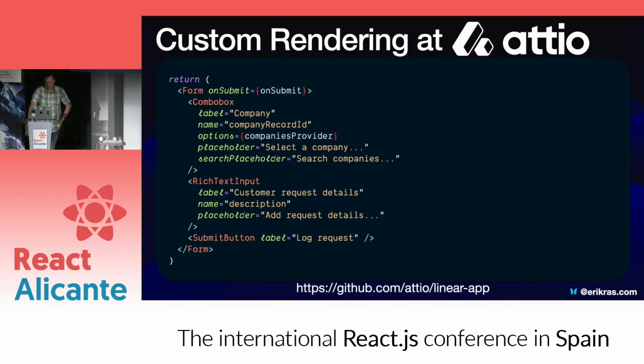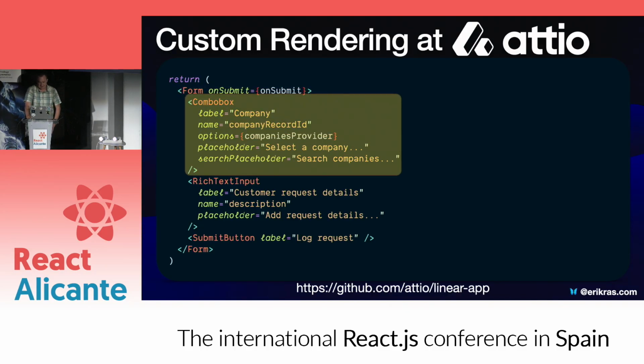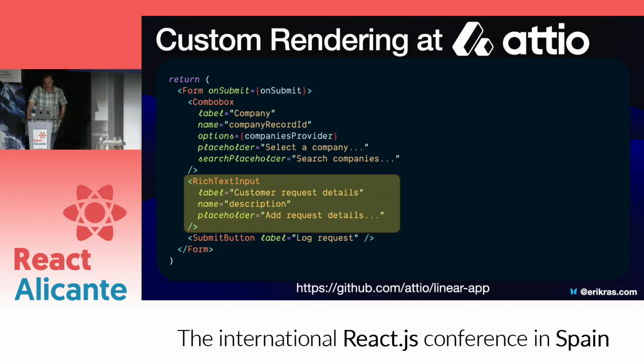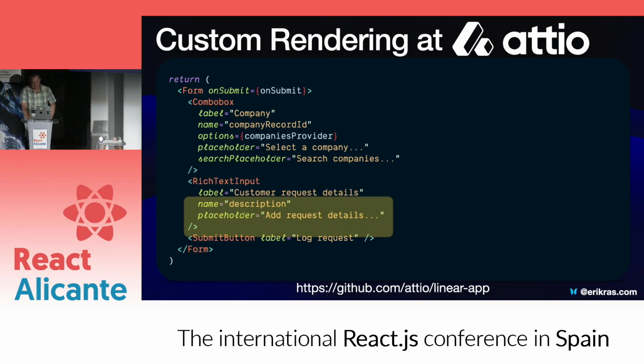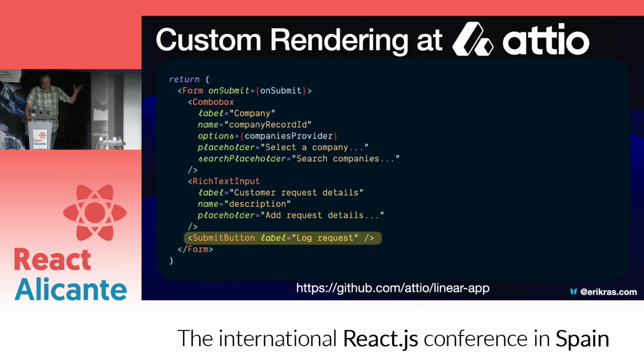This is the kind of SDK that we provide. To any React developer, this will look familiar. We give you a form component with an onSubmit callback, and a combo box input, and a rich text input, and a submit button. This, by the way, is real and open source at that address.